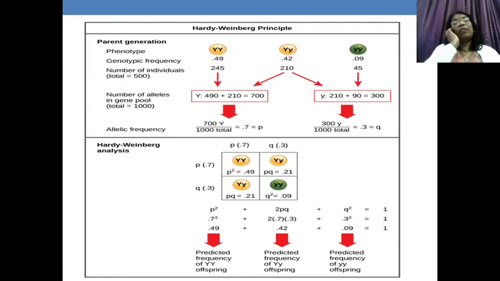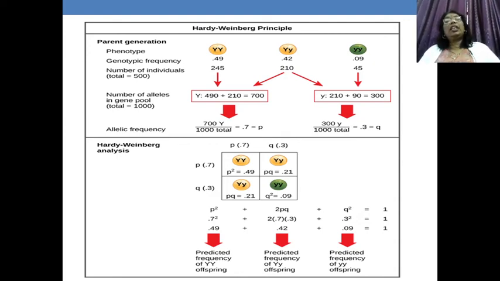Therefore, the F1 hybrid which is produced has 700 Y out of 1000, with 490 plus 210 equal to 700.